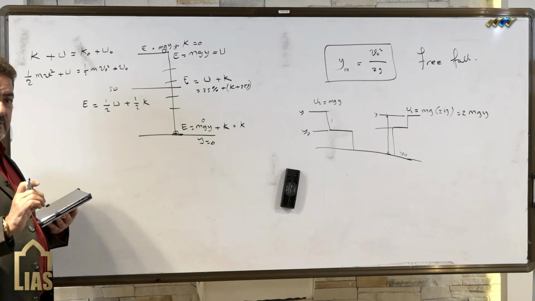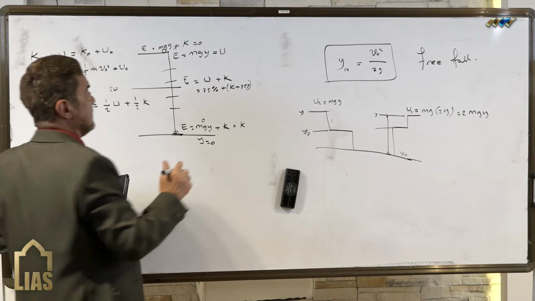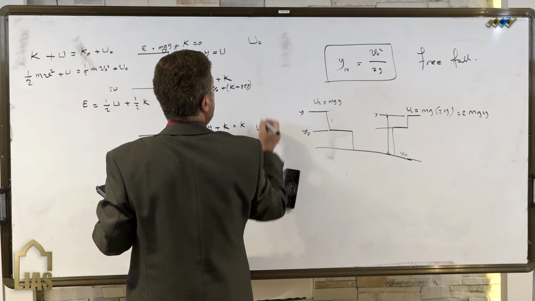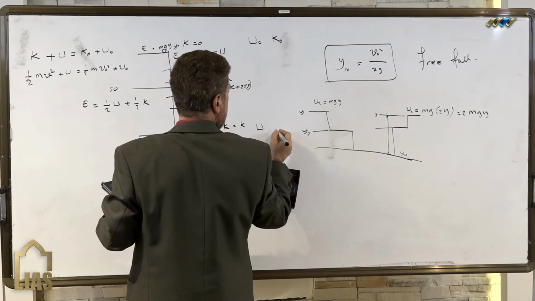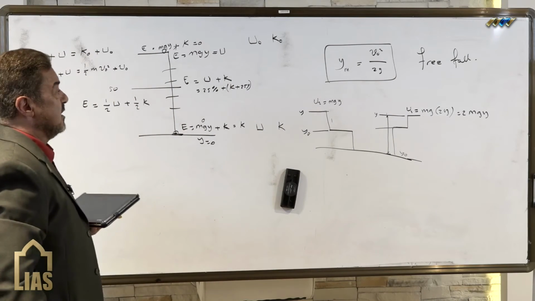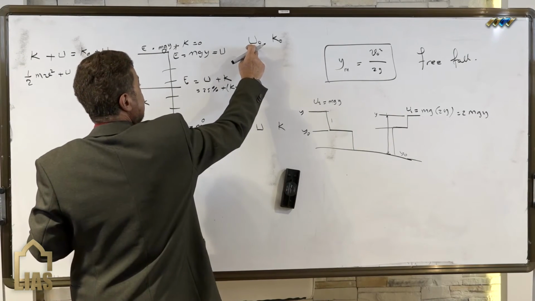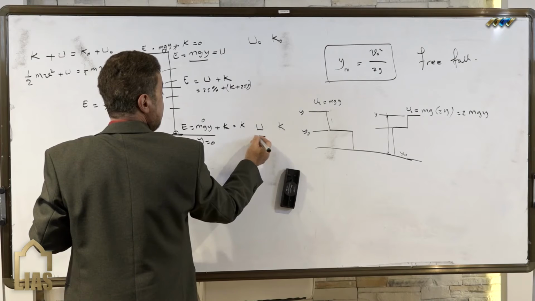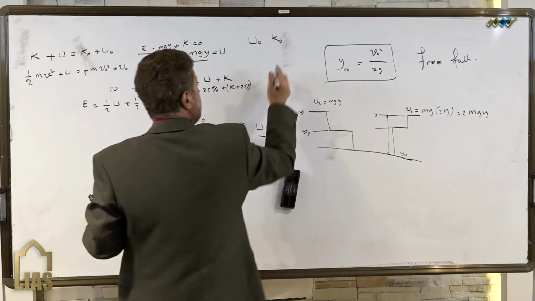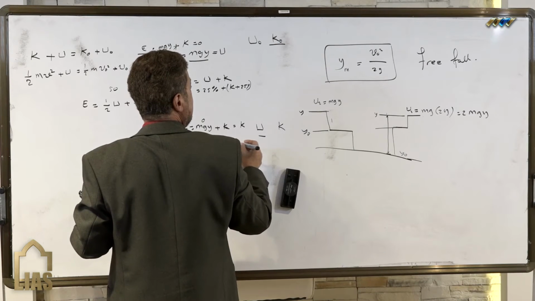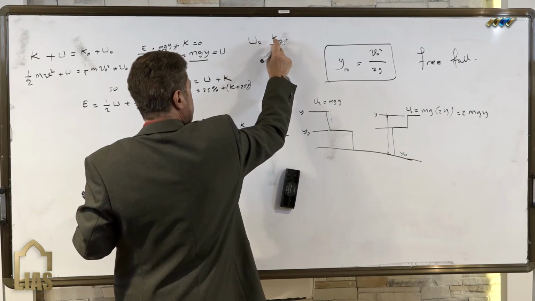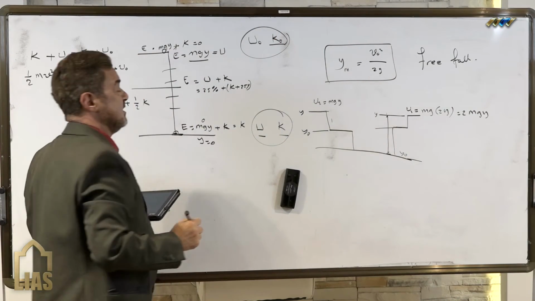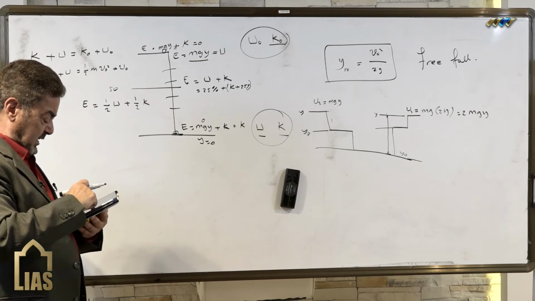Not to be confused: here this is the U0 and this is the U, while here is K0 and here K. This is the starting potential energy, and this is the end kinetic energy. The same thing here, we have the starting kinetic energy, and this is the kinetic energy, and this figure here is equal to this. We'll give examples.